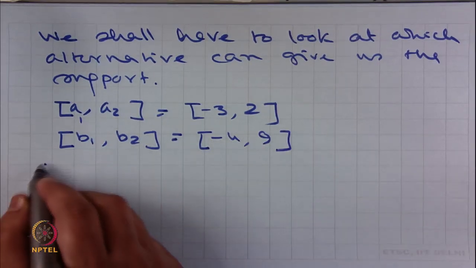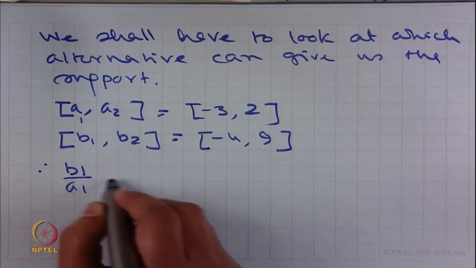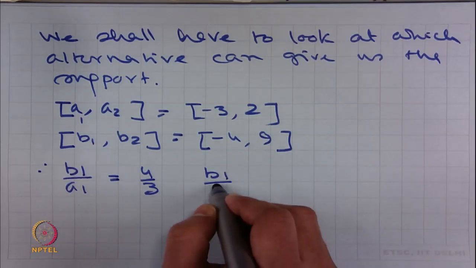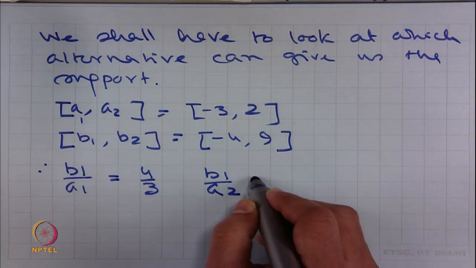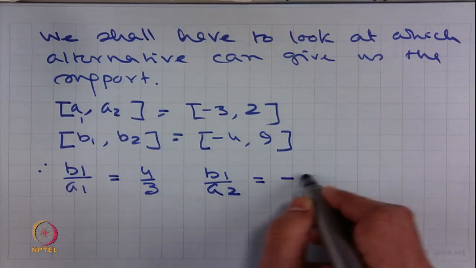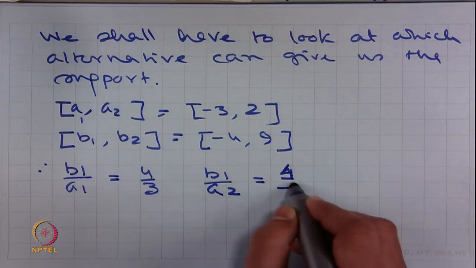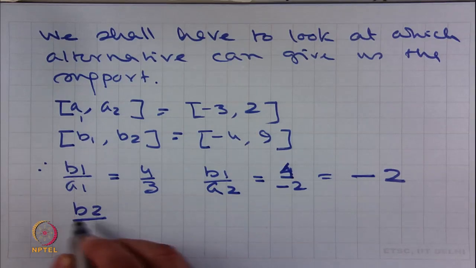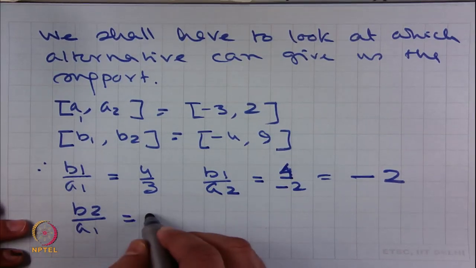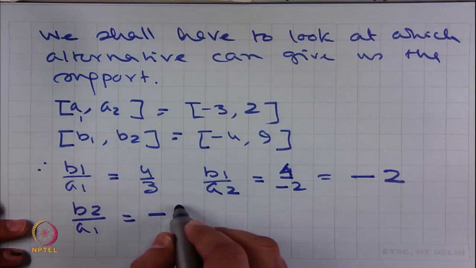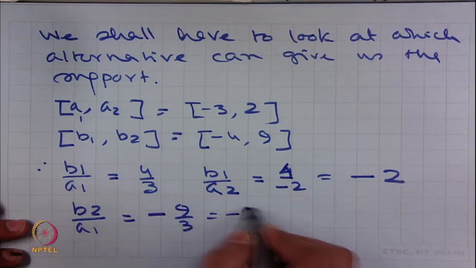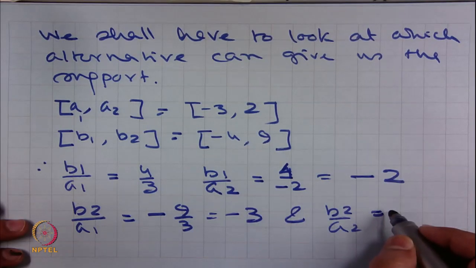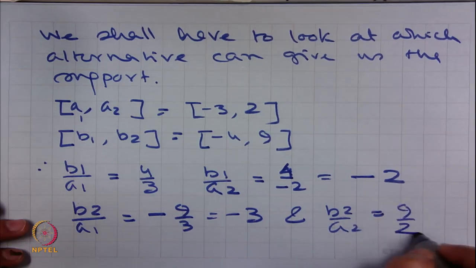Therefore, B1 upon A1 is equal to 4 by 3, B1 upon A2 is equal to 4 by minus 2 is equal to minus 2, B2 upon A1 is equal to minus 9 upon 3 is equal to minus 3, and B2 upon A2 is equal to 9 by 2.